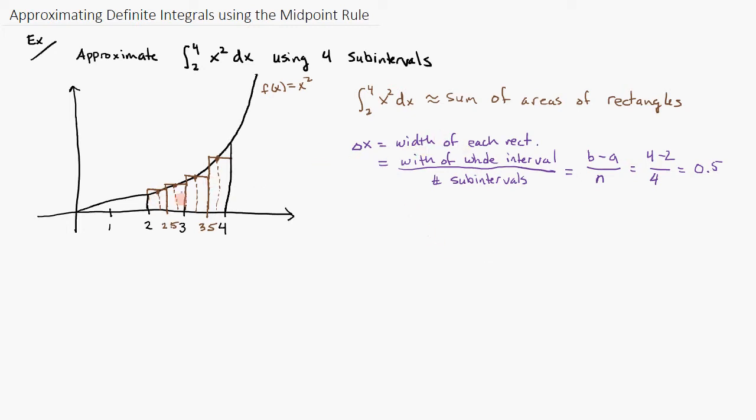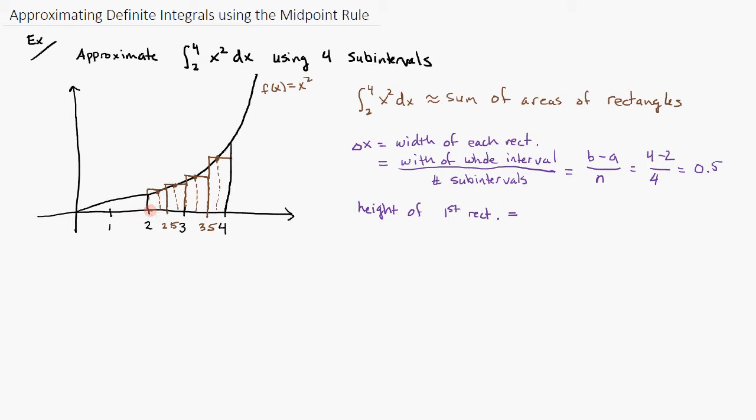Now we need to determine the height of each individual rectangle. The height of each rectangle is given by the function value at each of these midpoints.